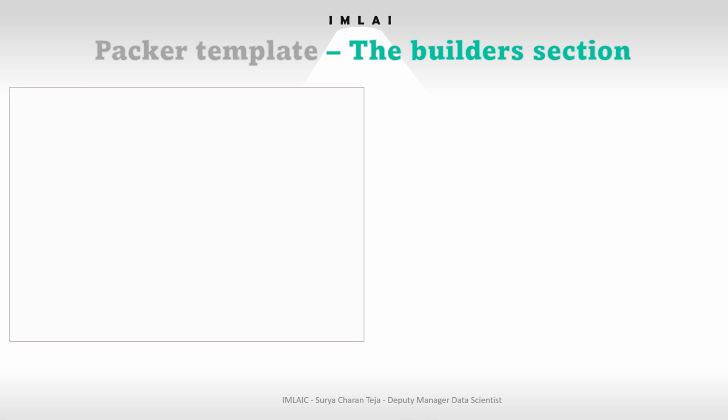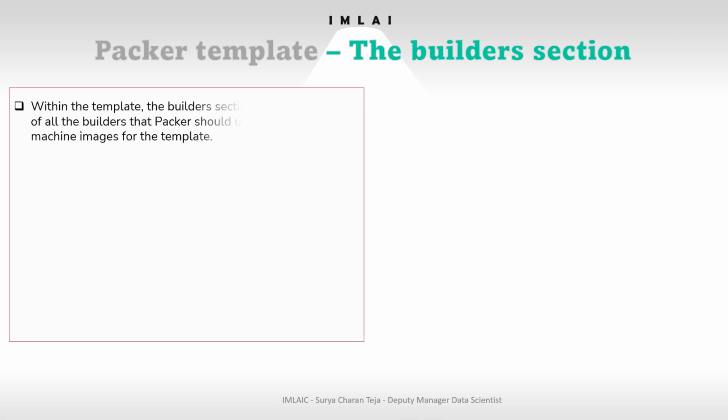Let's begin with the builder section in a Packer template in JSON format. The builder section is mandatory and contains all of the properties that define the image and its location, such as its name, the type of image, the cloud provider on which the image will be generated, connection information to the cloud, the base image to use, and the properties that are specific to the image type.